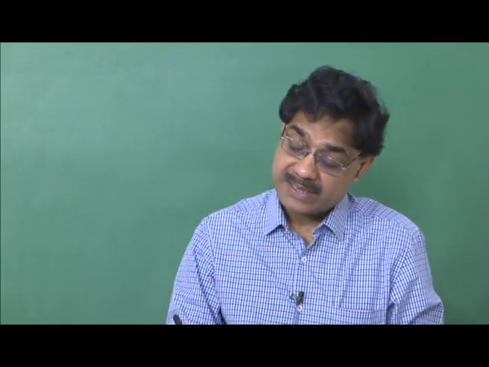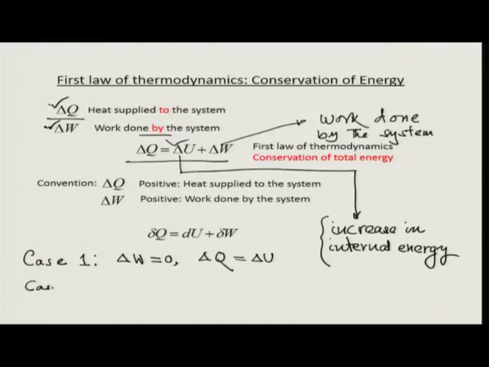On the other hand, case 2, which I will soon show, if delta Q is equal to 0, delta U is minus delta W, which tells me that if the system does some work, then delta W is positive, okay?